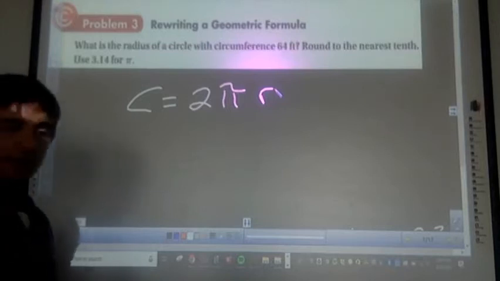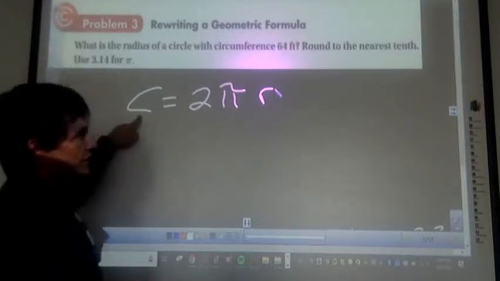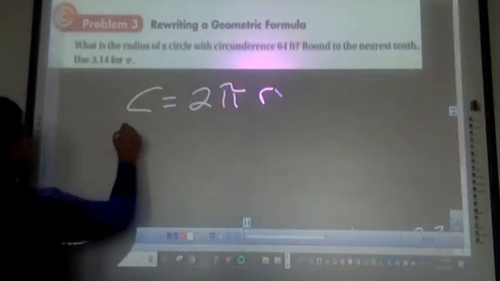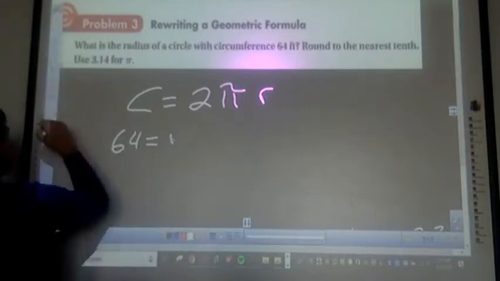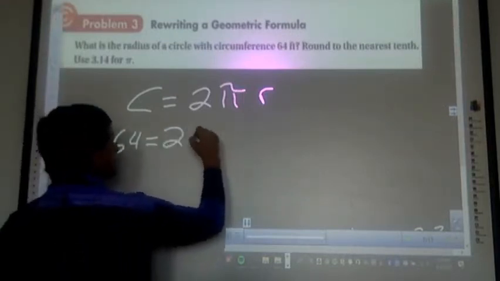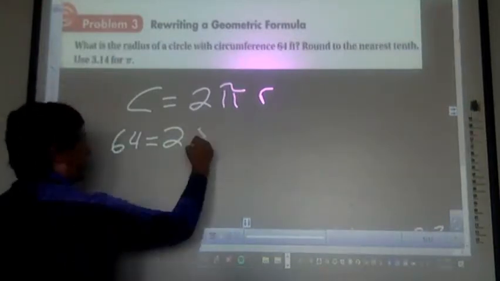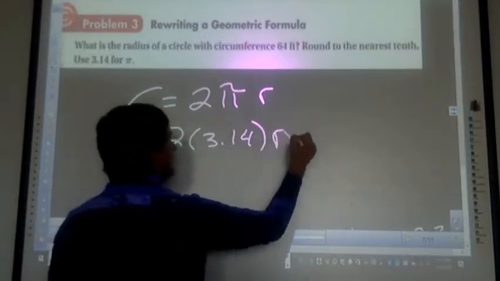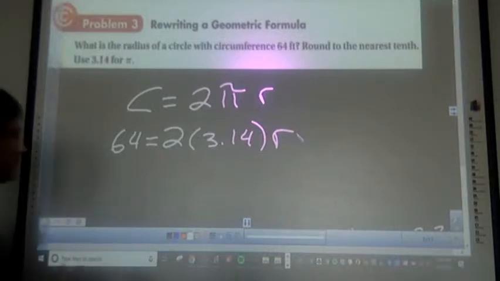So the first way I'm going to solve is what I think is the easier way. I'm going to plug in 64 because they tell me circumference is 64. And actually I wrote pi, but they want me to use 3.14 for pi. And then I have the r, which is what I'm trying to solve for.